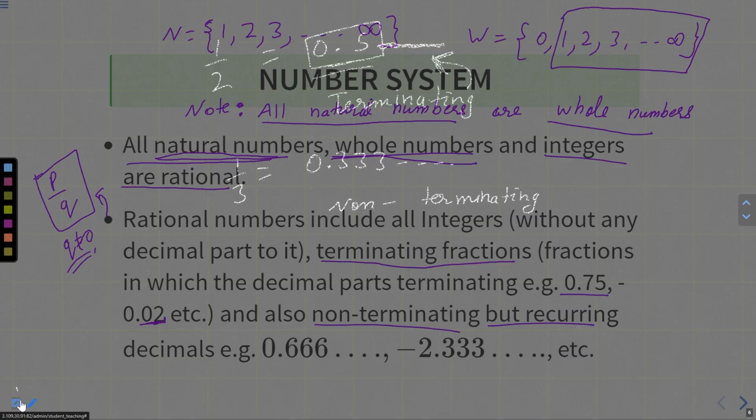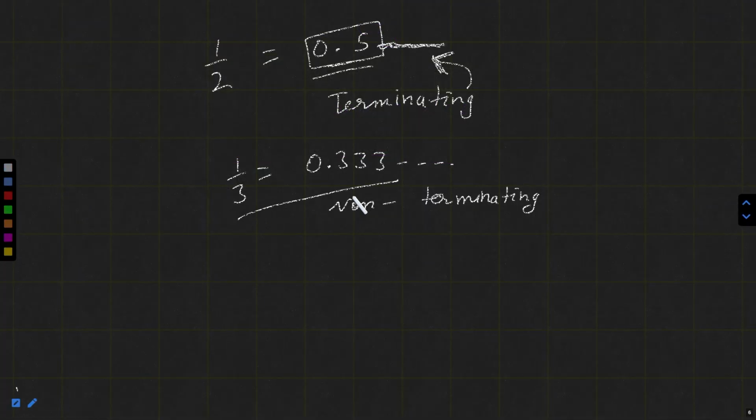For example, I have already shown you that 1 by 3 is non-terminating, but it is repeating, as the 3s repeat forever, so it is non-terminating plus repeating.